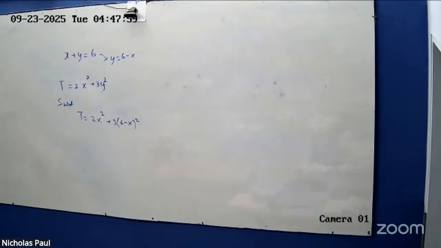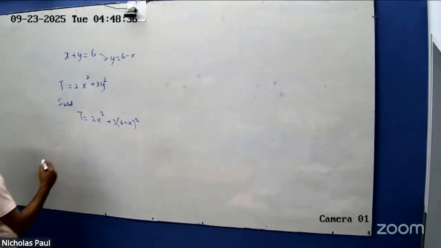I have to expand it out and then differentiate.